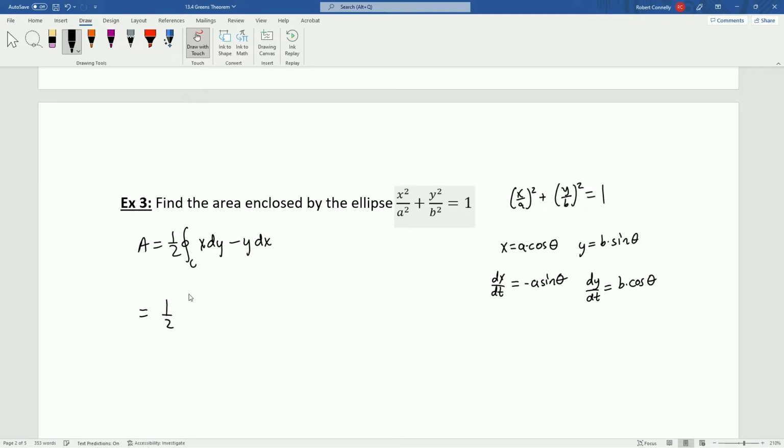And so my area is going to be 1/2 this integral over C of x, which is a cosine of theta, times dy/dt, which is b cosine of theta, minus y, which is b sine of theta, times dx/dt, which is negative a sine of theta.